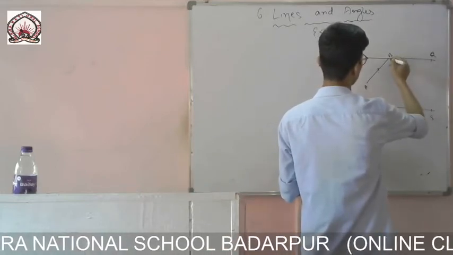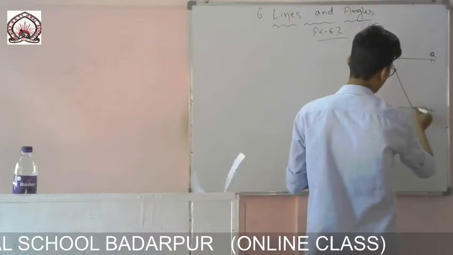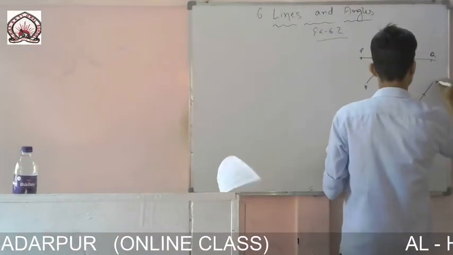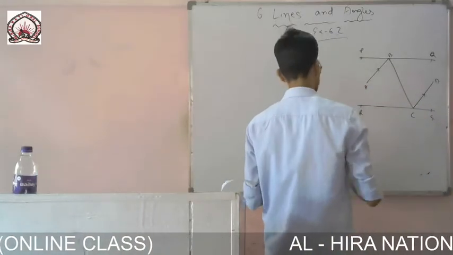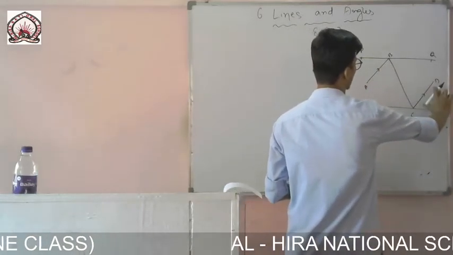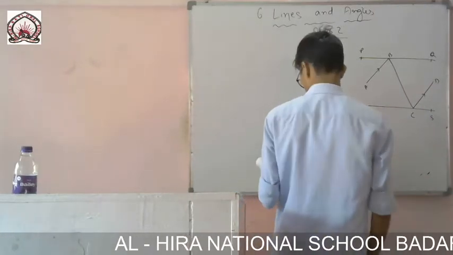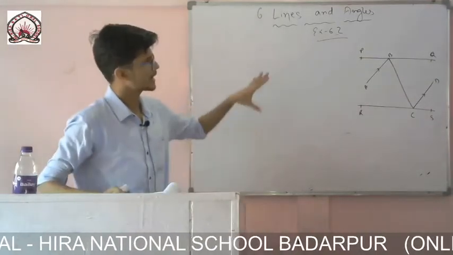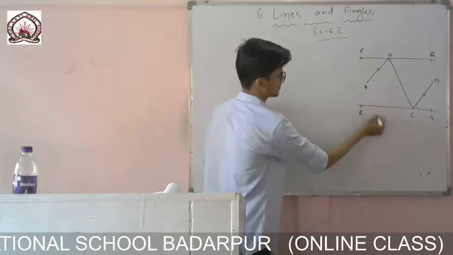When it reaches this point, it reflects back, and again it passes like this. This one is named D, this one C. So the question is to prove that this line AB is parallel to CD. Now you see one thing, since it is a case of mirrors, this is the reflecting side.